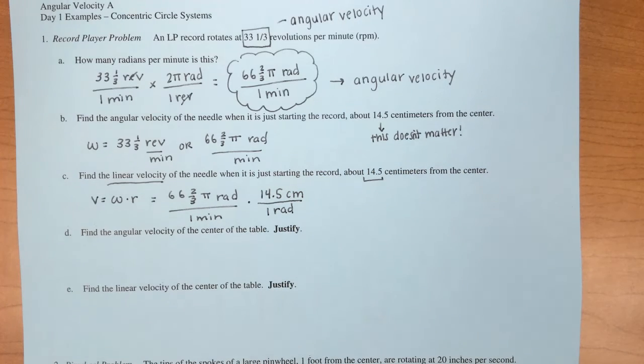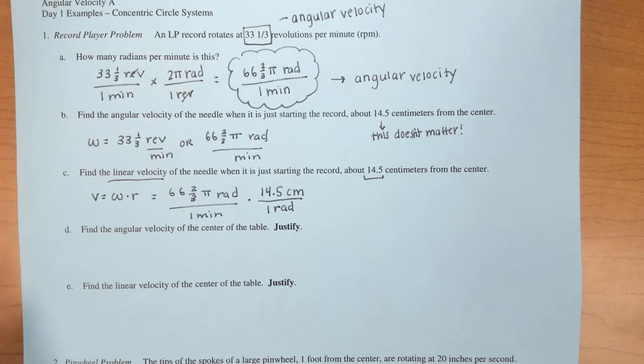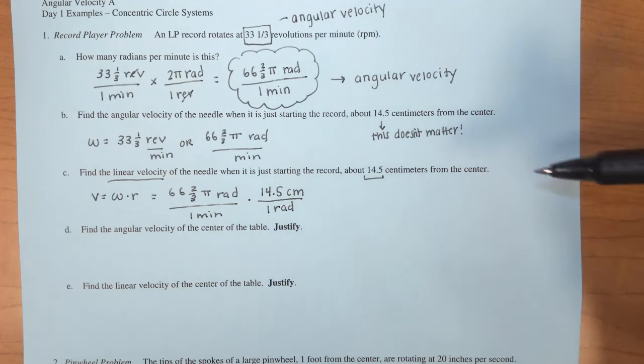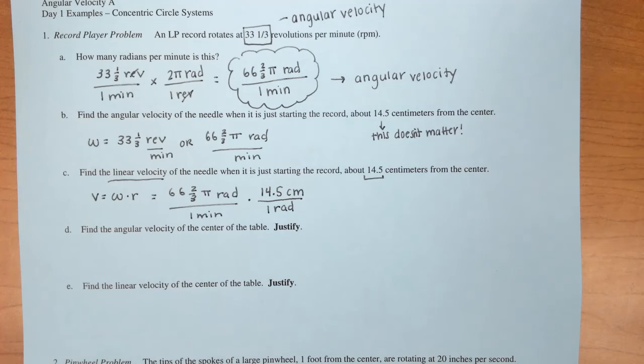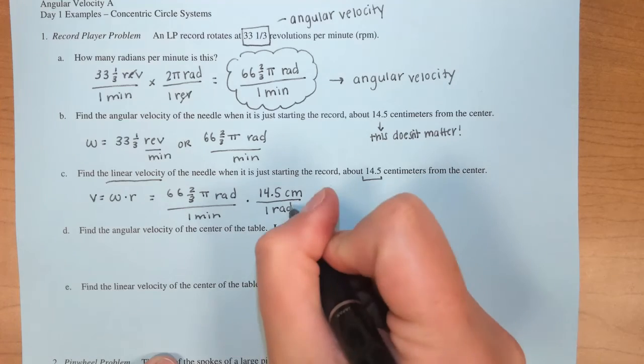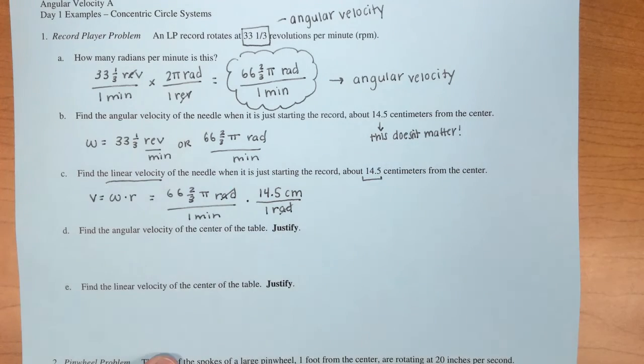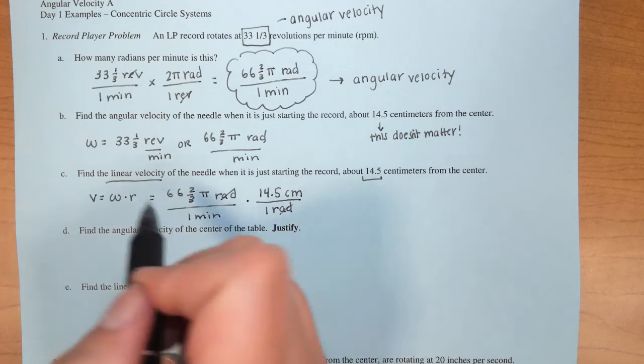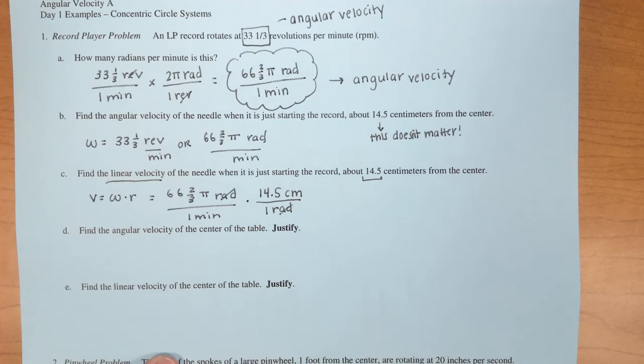That's what we mean by suppressed units. They're kind of like invisible units, those radians, when it comes to the distance from the center. So when I actually include those invisible units, we see that the radians cancel. That's where we get just the centimeters per minute in our linear velocity.